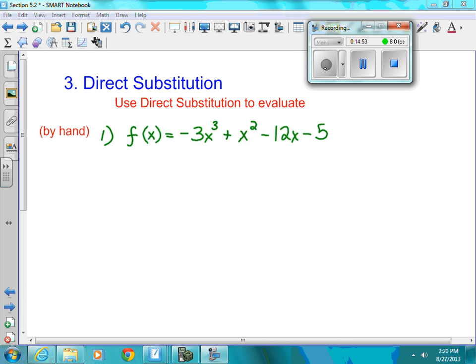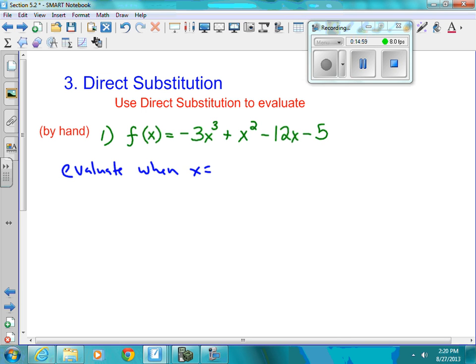That's the equation. It would say evaluate when x equals, let's say, 2. If I'm doing this by hand, I would put 2 in for x. So f of 2, the function value when x is 2, is f parentheses 2. It's not f times 2.